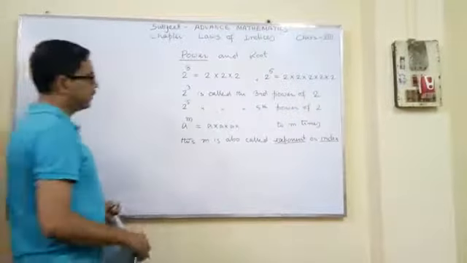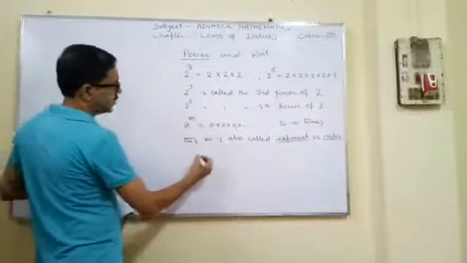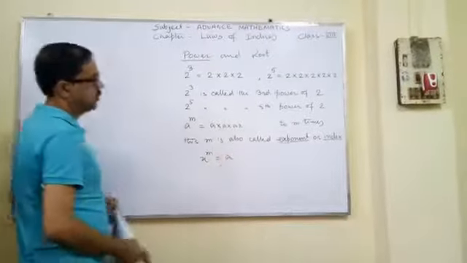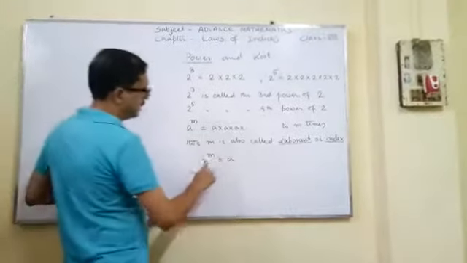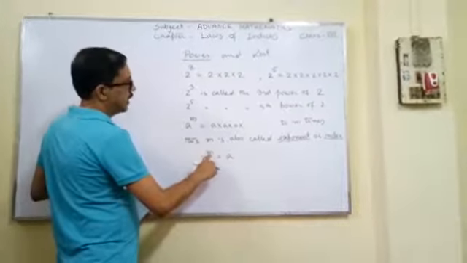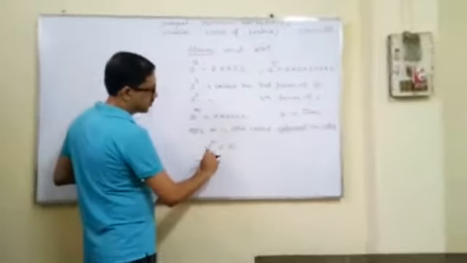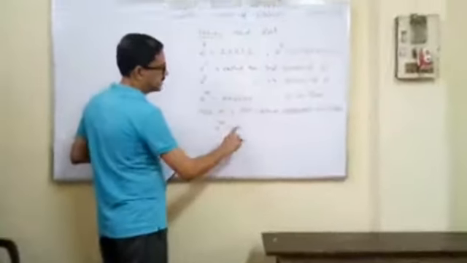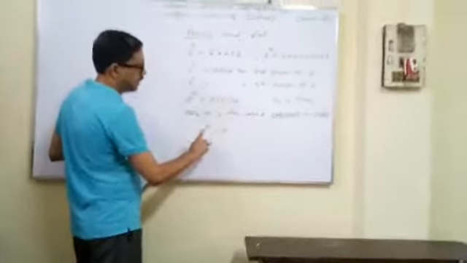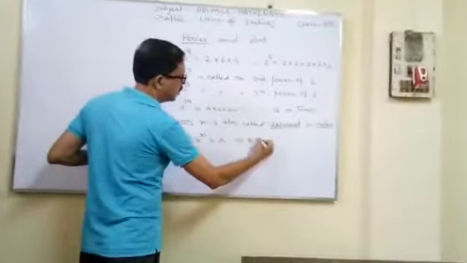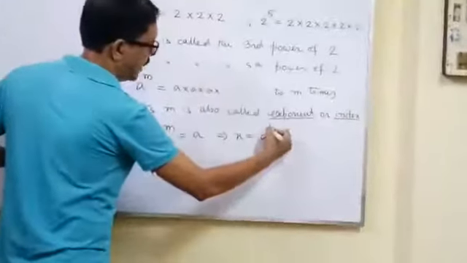So if we suppose that x to the power m equal to a, then a is the mth power of x, and hence we may write x is equal to a to the power 1 by m.